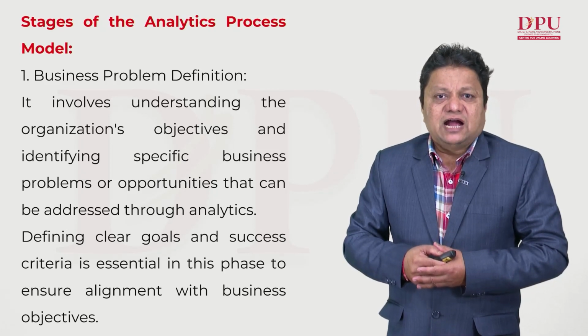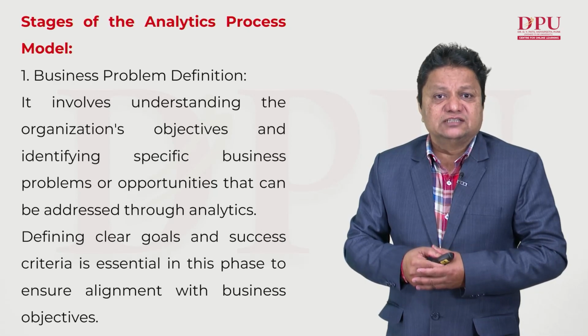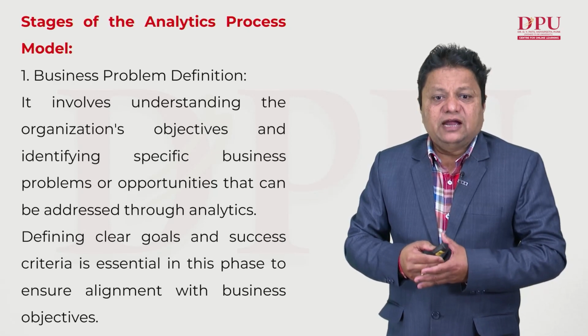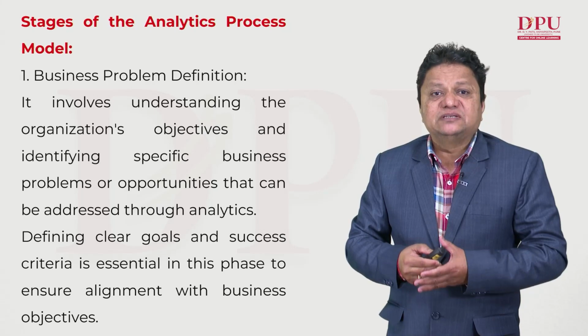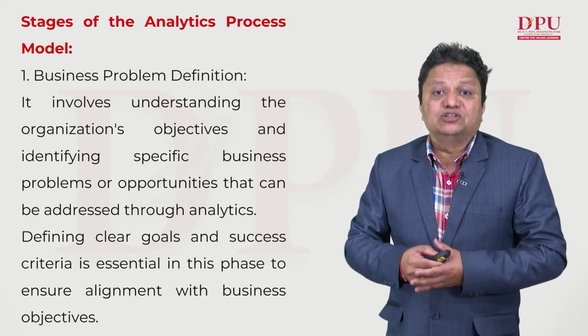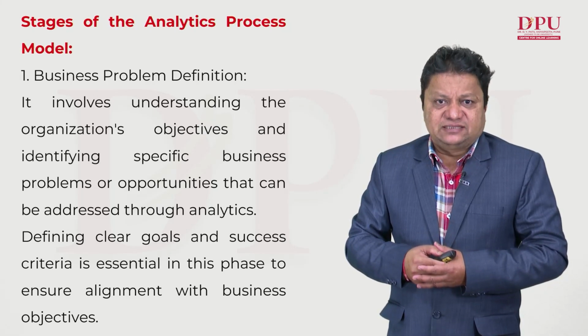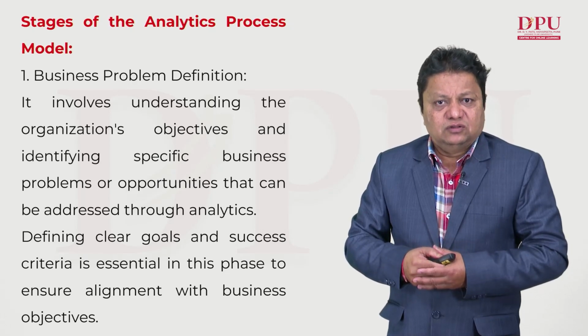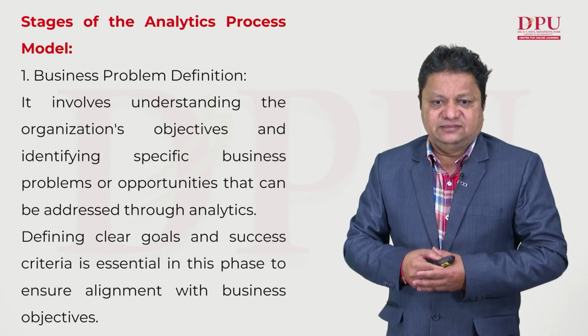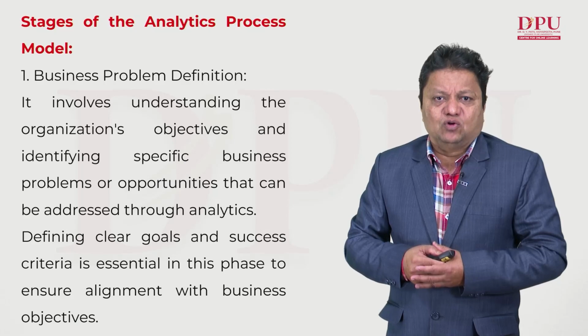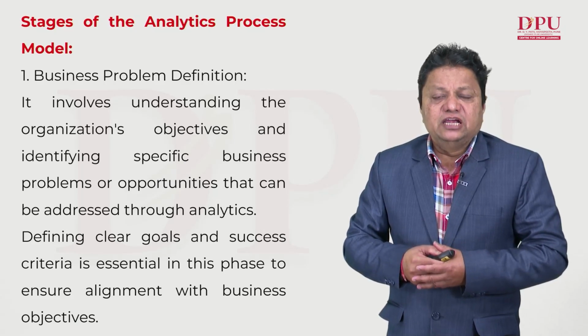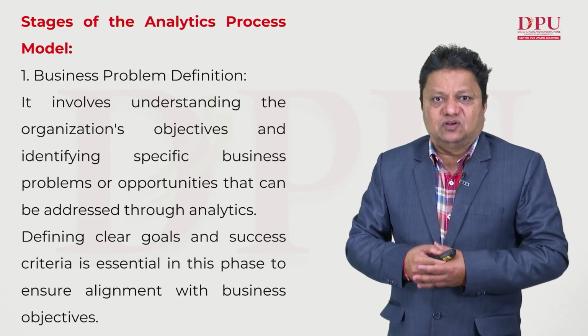It involves understanding the organization's objectives and identifying the specific business problems or the opportunities that can be solved through analytics. Defining the clear goals and success criteria is essential in this phase to ensure the alignment with business objective.